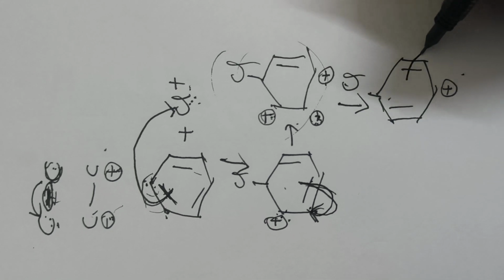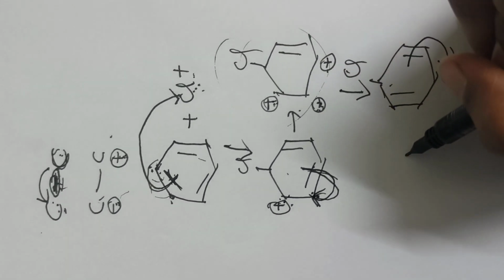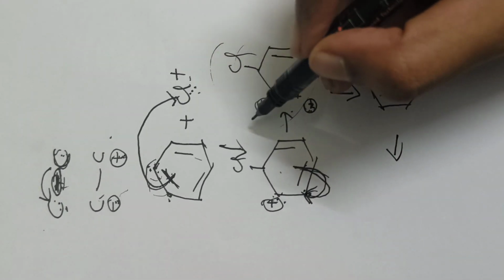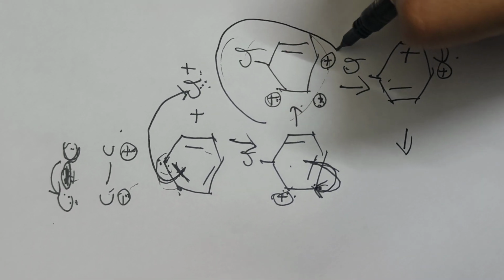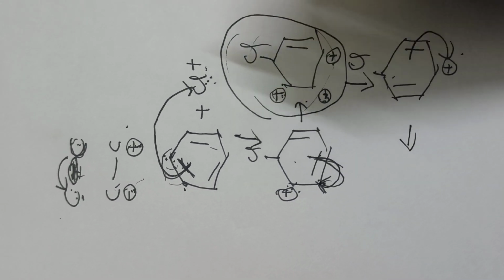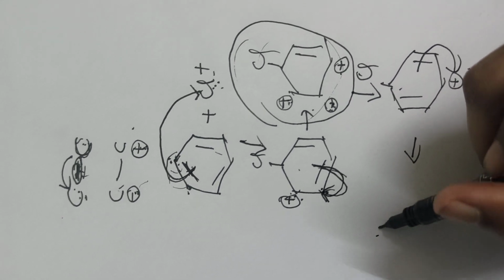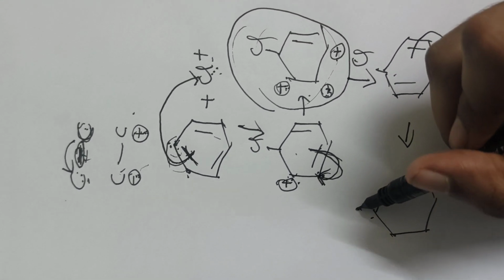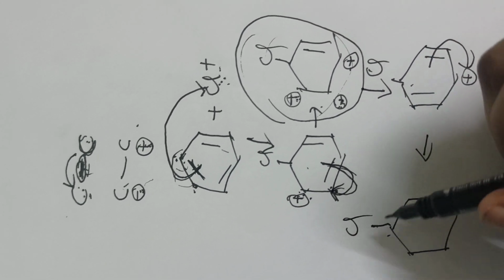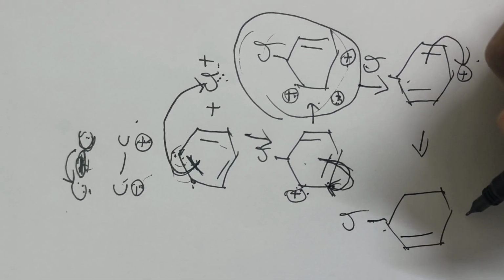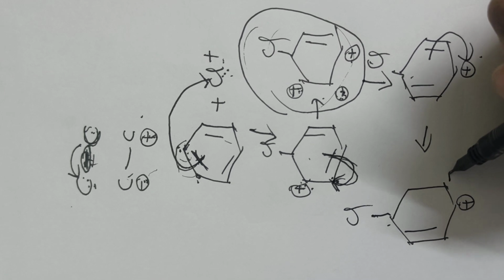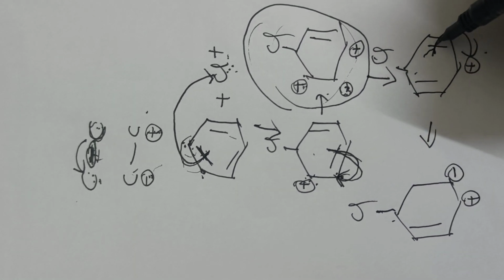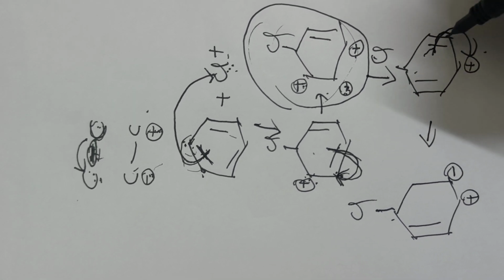And now again this bond shifts like this. I'm marking this step because it is not generally in textbooks. This is just for your reference. So what happens here? This gets a plus, this gets a minus. Why does this get a minus? Because this is shifting towards this carbon, right?